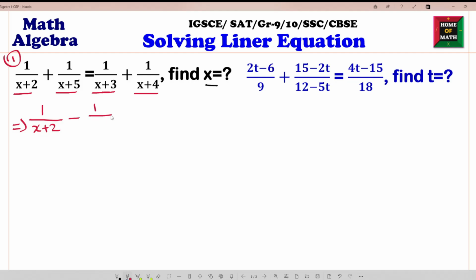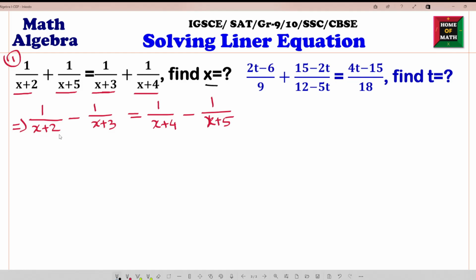So 1 divide x plus 3 equal, and here is 1 divide x plus 4 minus 1 divide x plus 5. Now question, why are we transferring 1 divide x plus 3 to left side? Why not x plus 4?